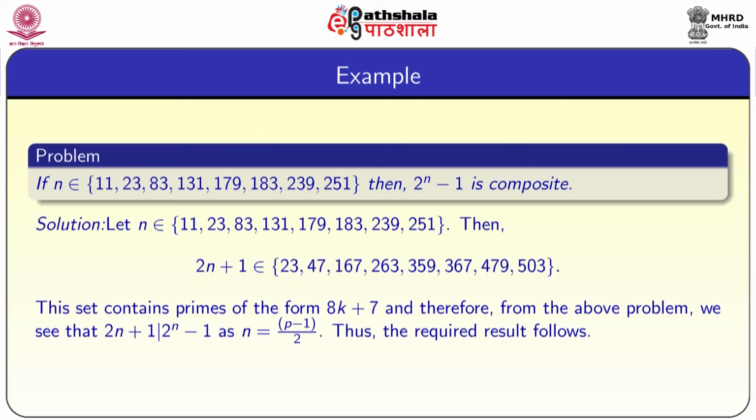The solution goes like this: let n belong to one of these, then 2n+1 belongs to 23, 47, 167 and so on up to 503. The set contains primes exactly of the form 8k+7, and therefore, from the above problem we see that 2n+1 divides 2^n minus 1, as n is equal to (p-1)/2. Thus, we got the required result.